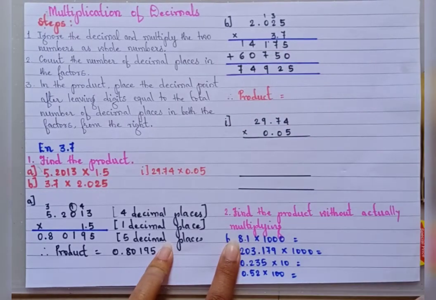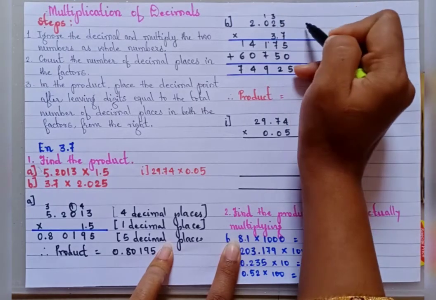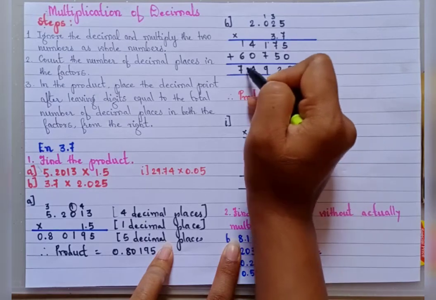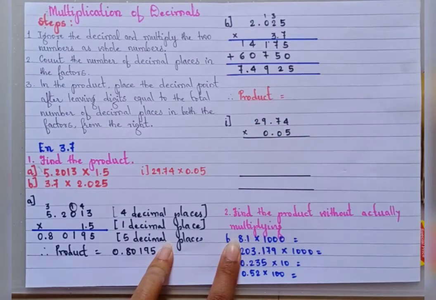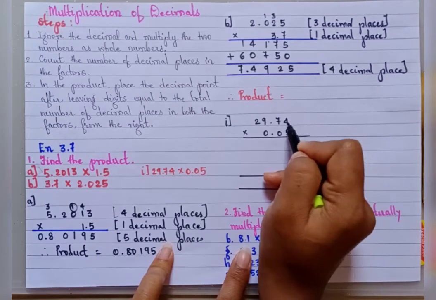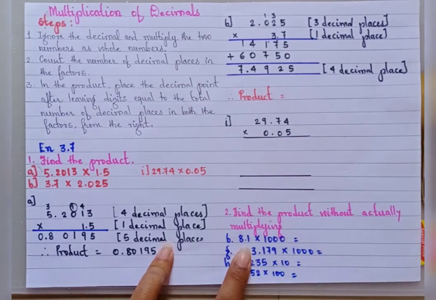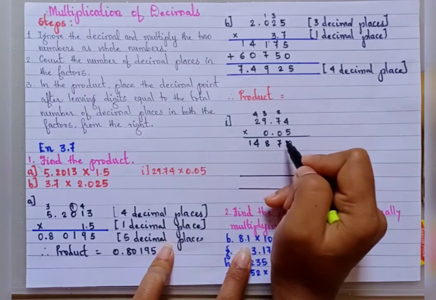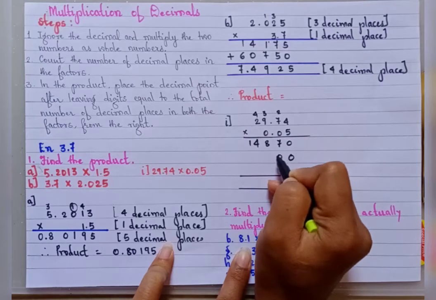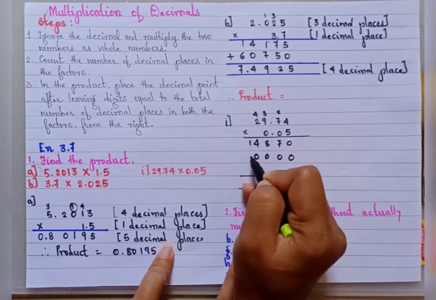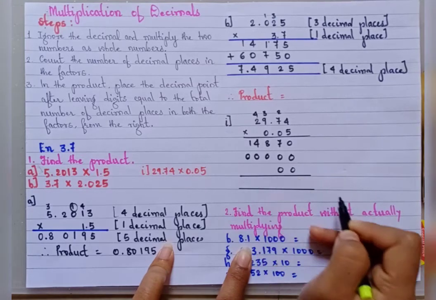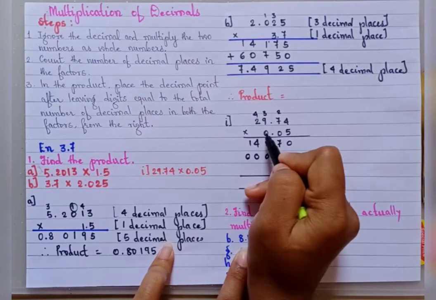Now let's see the decimal places. So here we are having 3 decimal places. Here having 1 decimal place. So 3 plus 1 is 4. So therefore we have to put decimal point after 4 places. Similarly, we shall multiply this also. So let's multiply this whole number by 5. So this is the product obtained here. Now place the 0, multiply this whole number by 0. 0 into 4, 0 into 7, 0 into 9, 0 into 2 it's 0. Okay, next place 2 zeros, and let's multiply with hundreds place.